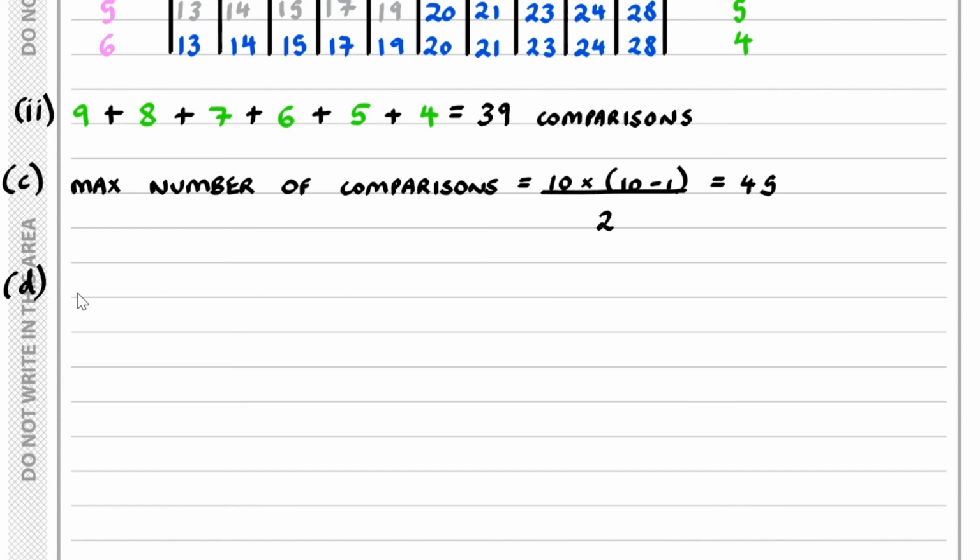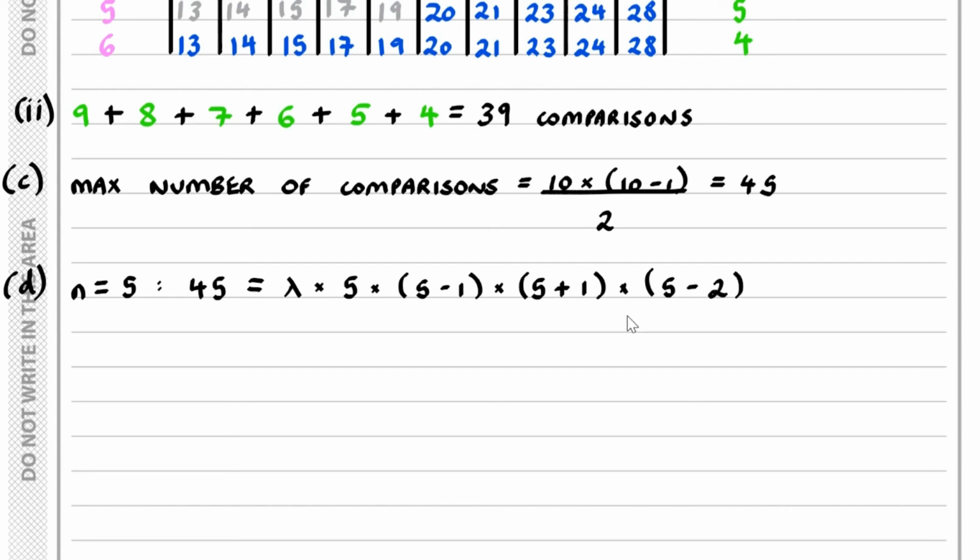For part D, we know that when n is 5, in other words for K5, the maximum number of comparisons is 45. And if I substitute this into my formula, I've got lambda multiplied by 5 multiplied by 5 minus 1 multiplied by 5 plus 1 multiplied by 5 minus 2.